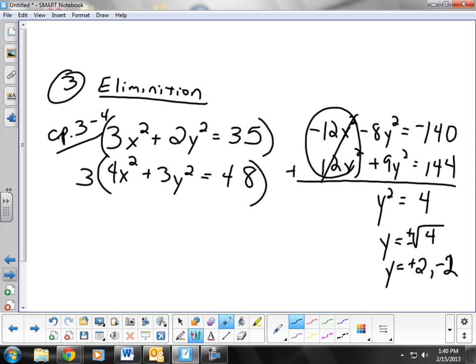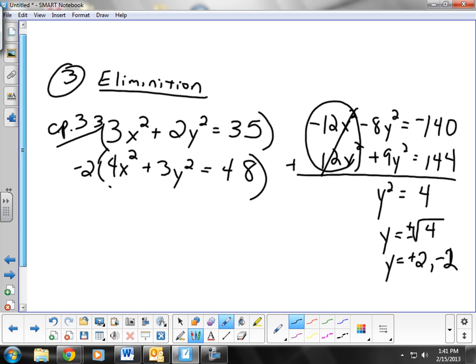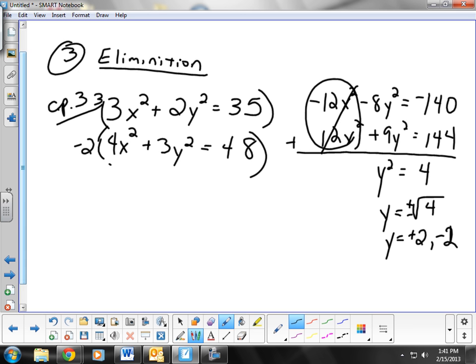Then what do you have to do? On these, sometimes it's easier not to plug it in. Sometimes it's easier just to go back and redo an elimination method and get rid of the y's this time. Just up to you. I think it's easier to go back and do the elimination method, and then instead of multiplying by negative 4 and positive 3, you multiply by 3 and negative 2, so I can get rid of the y's.